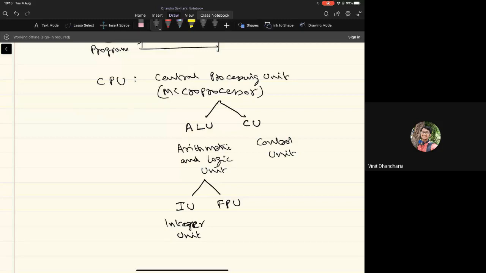Like in a C program, you will have variables of type byte, int, short int, long int, and so on. All these variables which are of integer type, the whole numbers which can be positive or negative, the operations on them will be carried out by the integer unit.